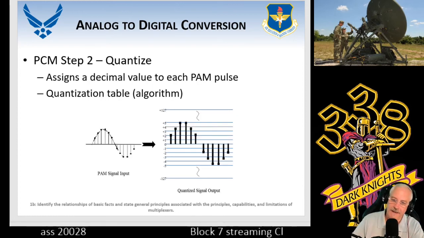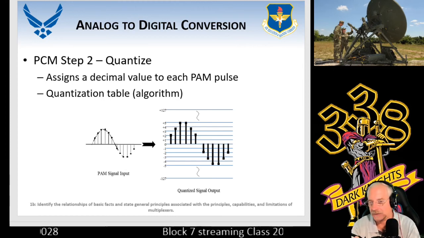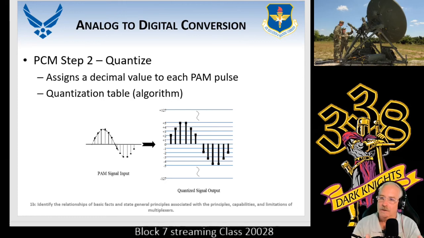We're going to take that and apply it to a chart. Now, everybody has probably seen a piece of graph paper. That's basically what this chart is. Everything is equal horizontally as well as vertically. This is what we call a uniform quantizing sheet.